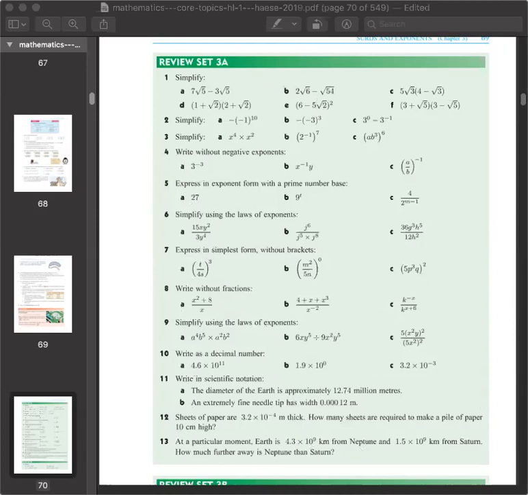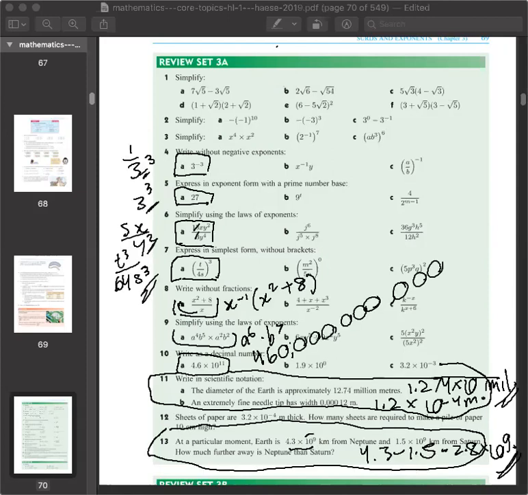For question 7, can you write it as... never mind, sorry. You mean write it without the fractions? Yeah.